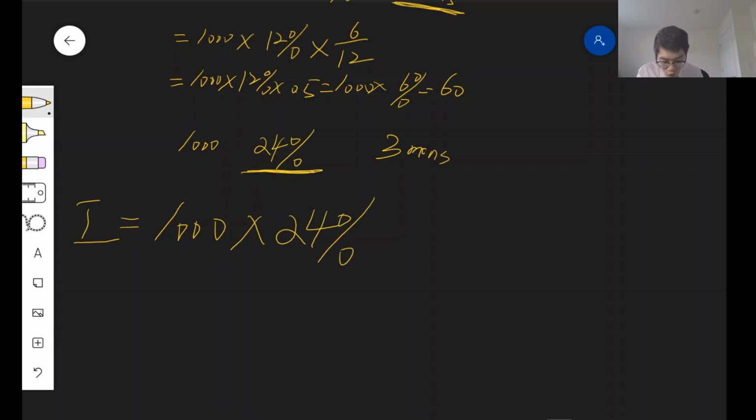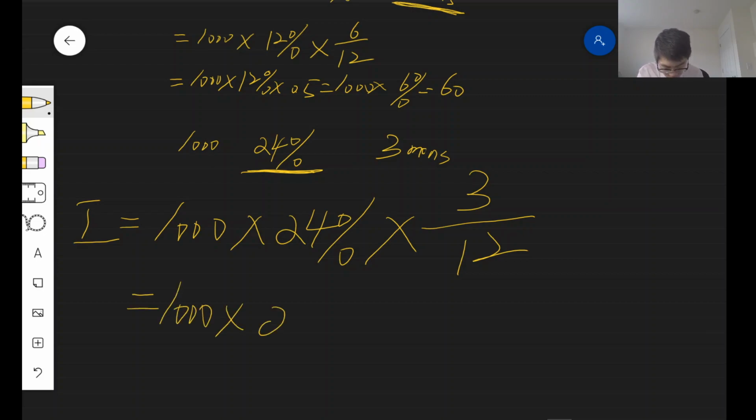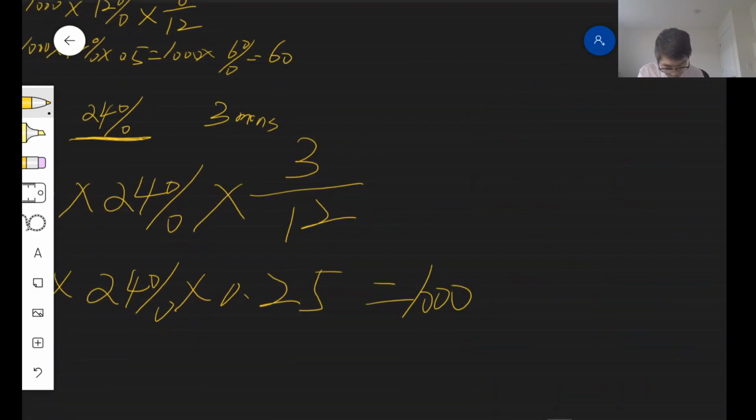For using the money for 1 year, we'd be paying 24% interest, and now we only use 3 months. 3 months over a year is a quarter of a year, right? So that'll be $1,000 times 0.25 times 24%, which is $1,000 times 6%. That'll be $60.